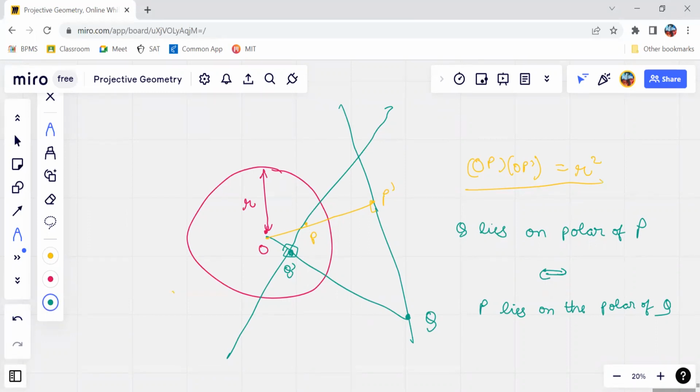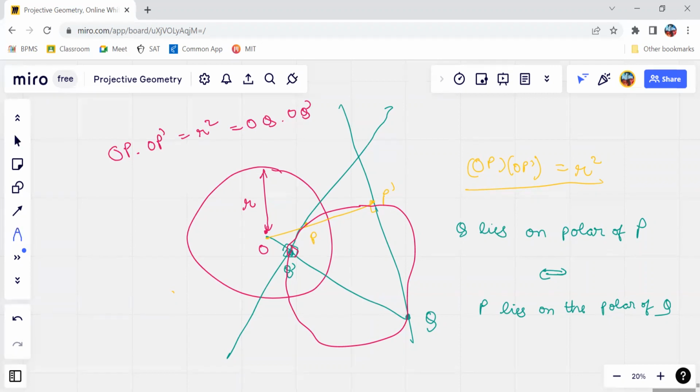Because they are similar. Why are they similar? Because OP times OP dash is equal to OQ dash times OQ. An easier way to say it is OP times OP dash is R square, which is OQ times OQ dash. So this quadrilateral is cyclic. So if this angle is 90, this angle is also 90.